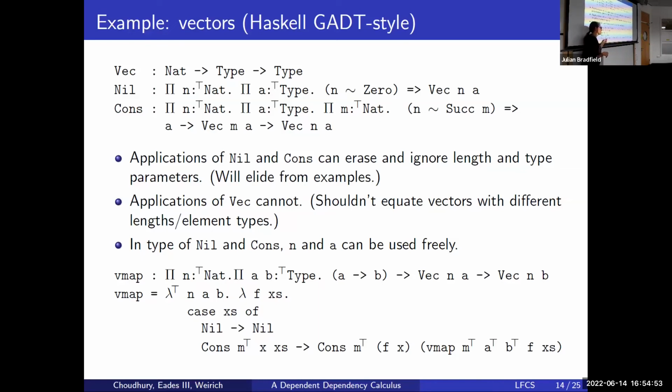So when I pattern match it, I'm going to mark it as irrelevant in the example. But I'm just going to use it again as an argument to the recursive call and back to cons, back to irrelevance. So things work out. I can erase what I want from this function. And if I were thinking about when two VMAP applications were equivalent, I could ignore the n in A and B when I compare.